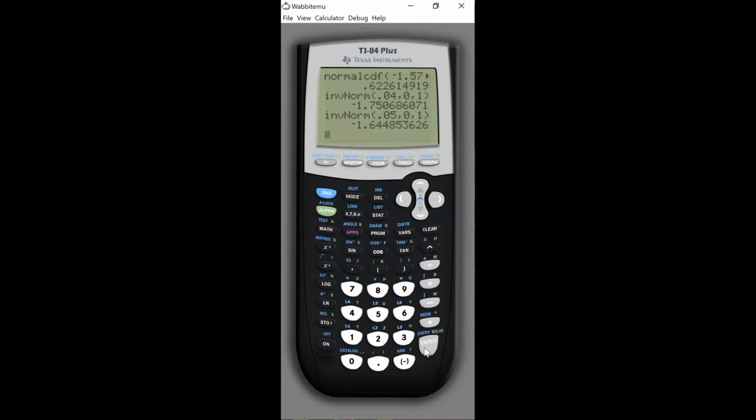And if you look at it now, we get z is equal to negative 1.645. And that's the answer for the last problem. So for this one, we'll say A is equal to negative 1.645.